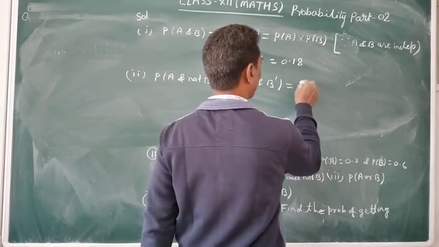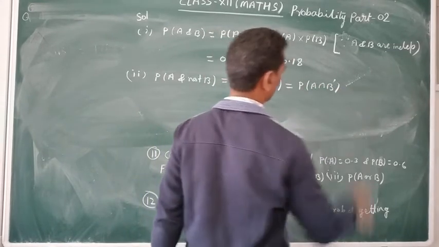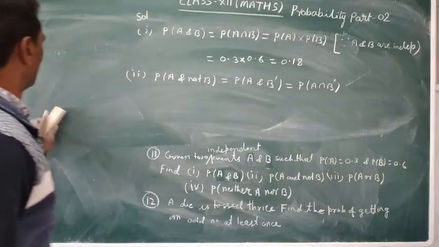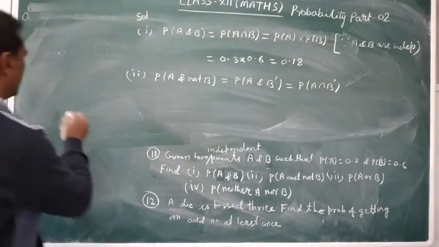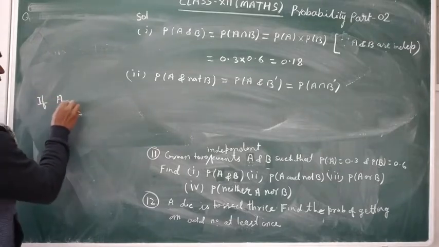That is equal to probability of A intersection B dash.